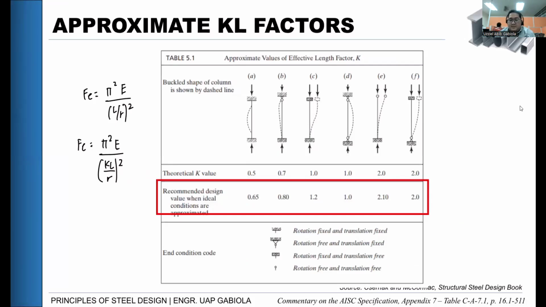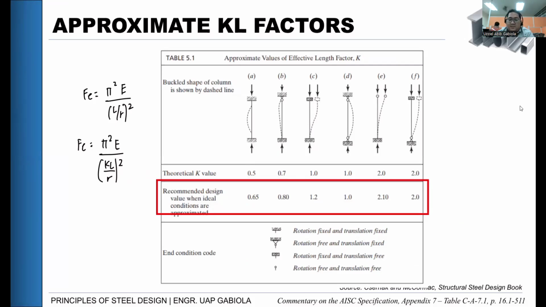Alright? So, to continue, so far yung lahat ng consideration natin is yung assumption natin doon sa column natin is parang ideal pa siya, no? Meaning wala pa siyang any deformities or walang variations, ano?